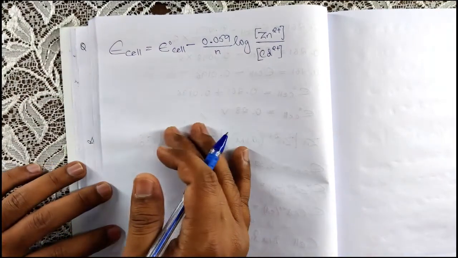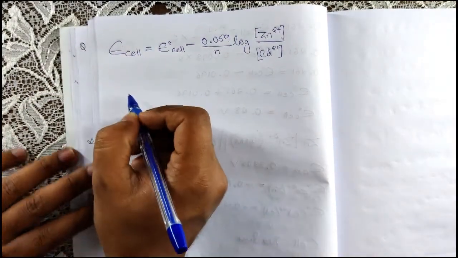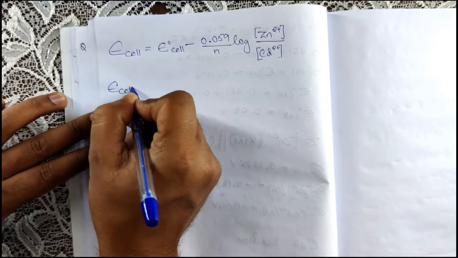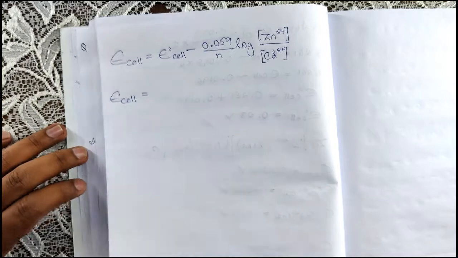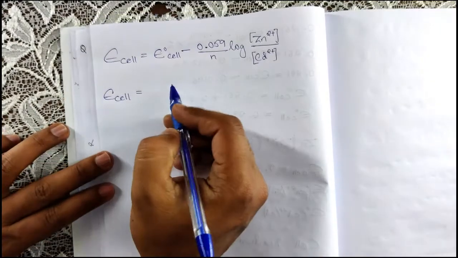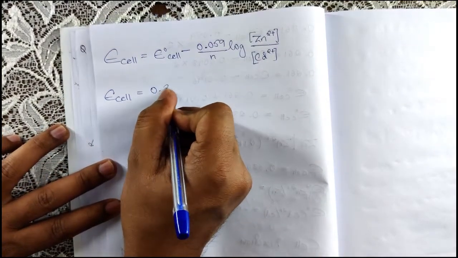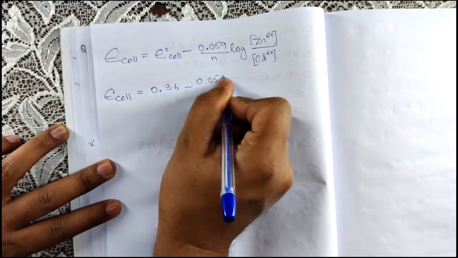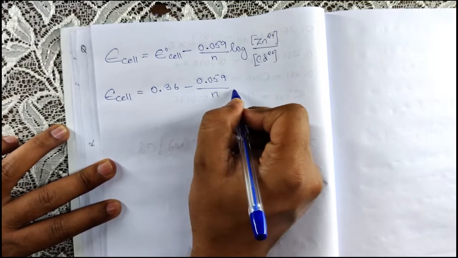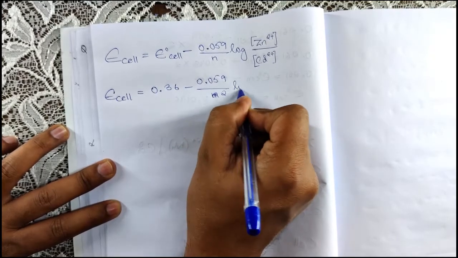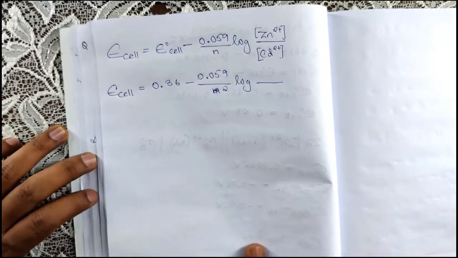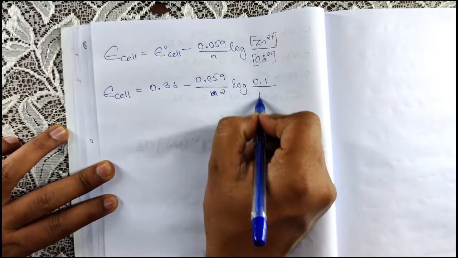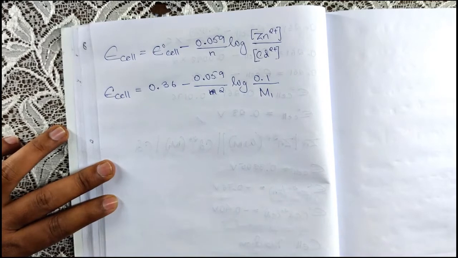In the cell reaction, if you look, both of them are 2 plus. So our n will be 2. E cell is equal to E naught cell. Our E naught cell is 0.36 minus 0.059 by n, by 2 log Zn2 plus is 0.1 by M1.